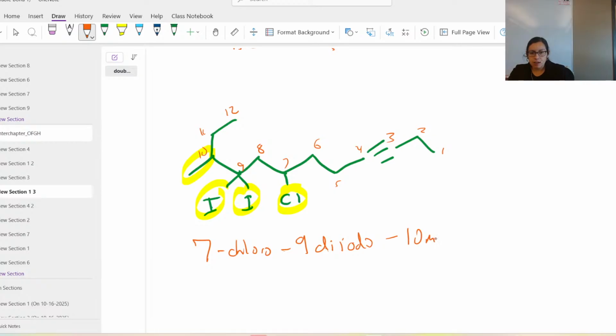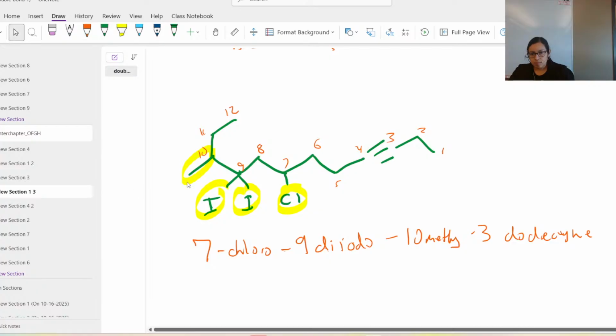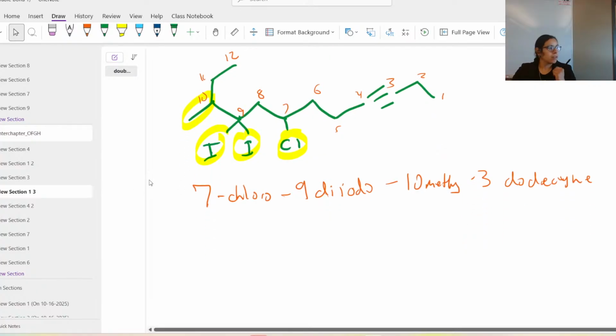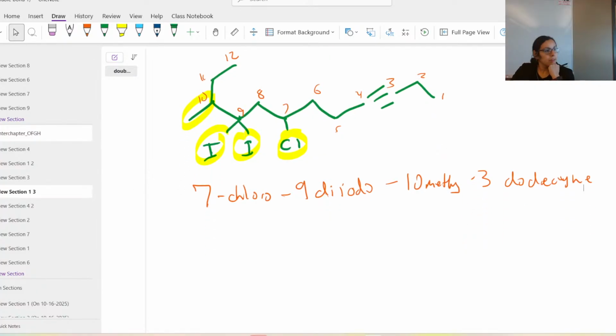So 10-methyl, 3 for our alkyne, so 3. And then we have 12, so dodecyne. All right, so that was, like I said, probably a little trickier than we'll see, but good to prepare for OChem.